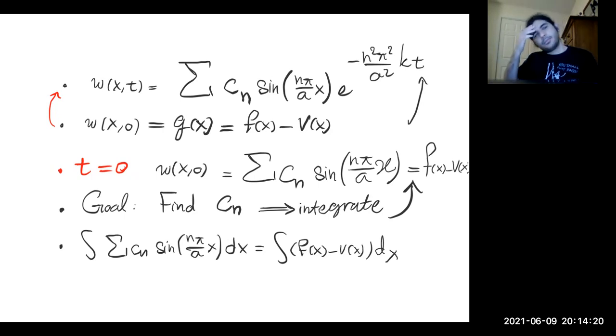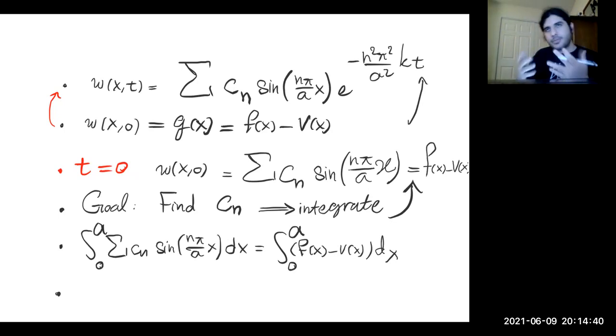Now, the bounds for the integral: x is on our rod, x starts from 0 and goes to a. So let's take the integral from 0 to a. Remember, if we had some assumptions on the type of convergence, like uniform convergence, we could interchange the places of the infinite summation and the integral. I'm going to make that assumption.